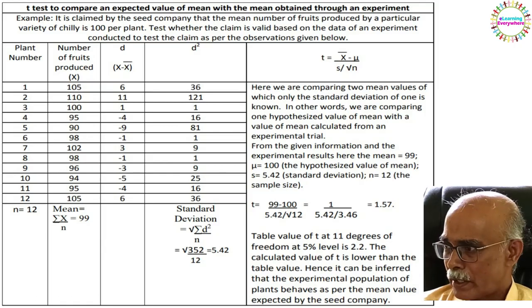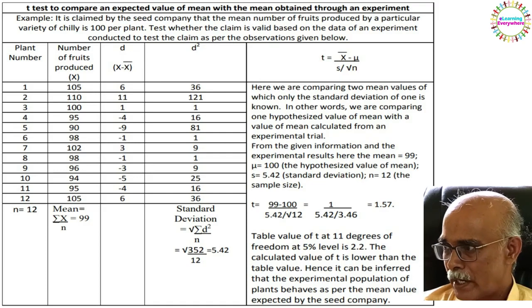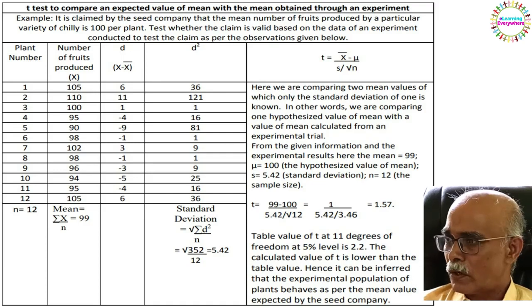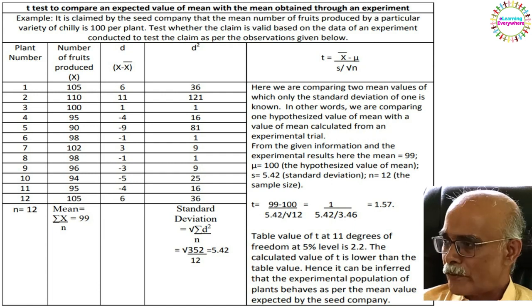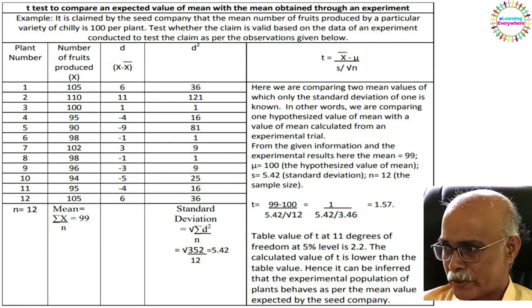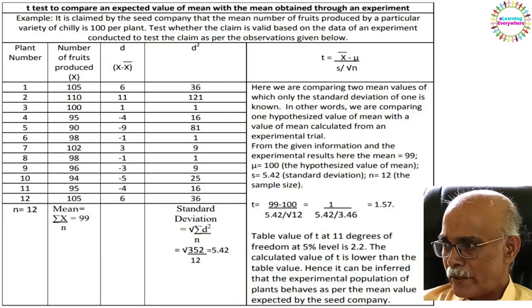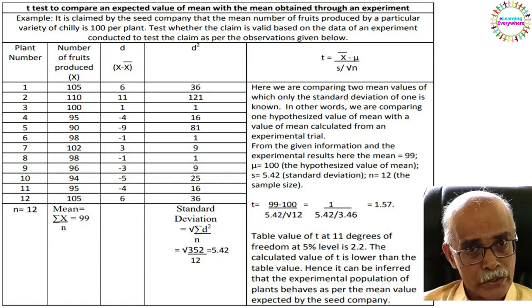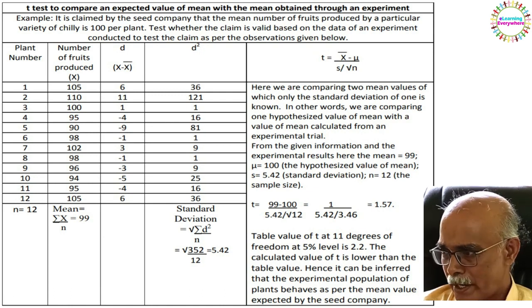The things needed are the calculated mean, which you have already calculated, is 99. Then the mu is already given, it is 100. And then the next step is you have to calculate small s, that is standard deviation of the experimental sample, and you have to calculate d square first, and you have to find out the total of d square, sigma d square, and its square root, and then divided by n.